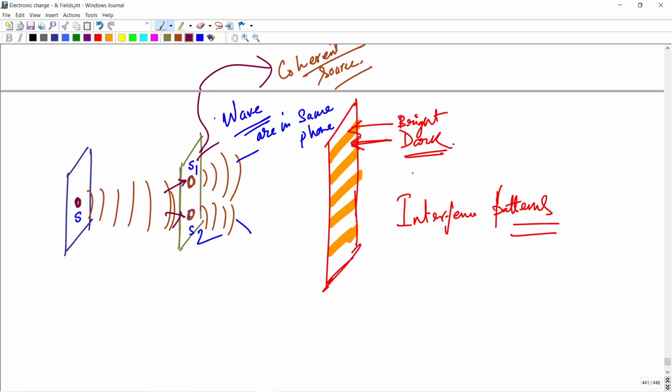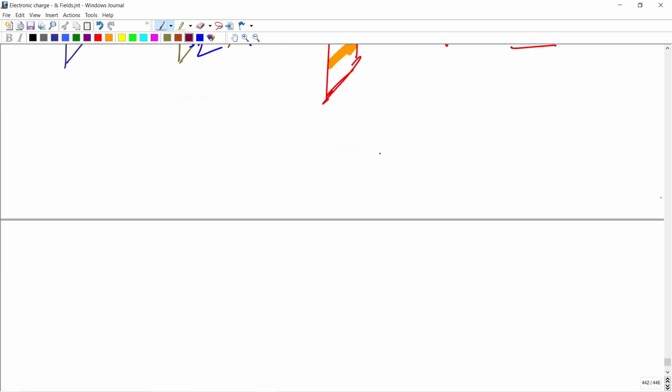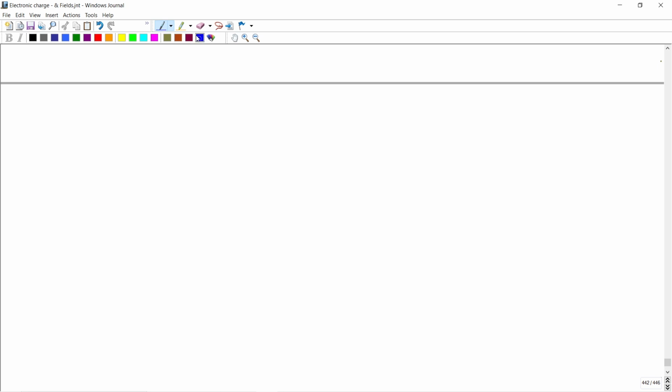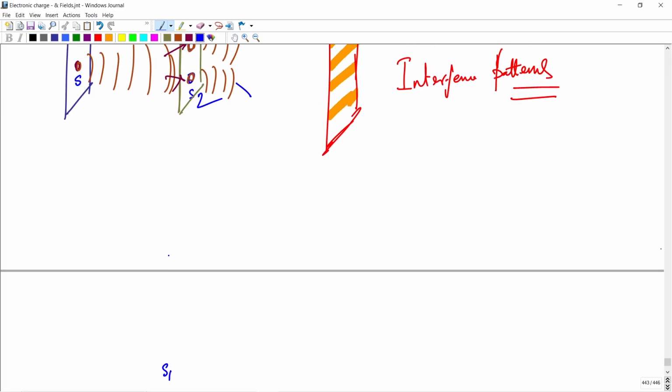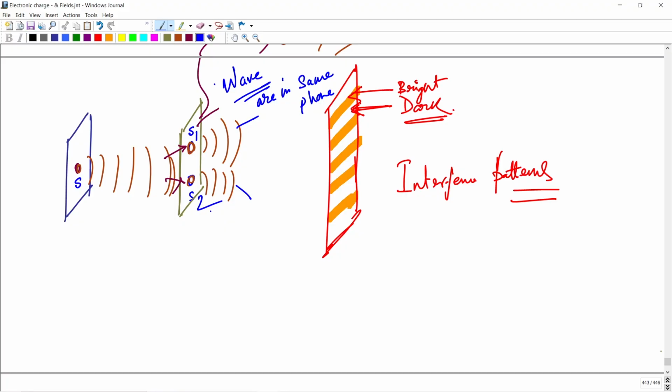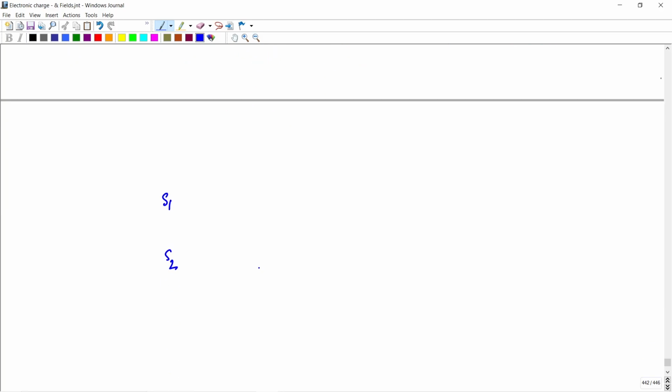So here is some basic calculation. S1 and S2, these two pinholes, produce spherical waves.